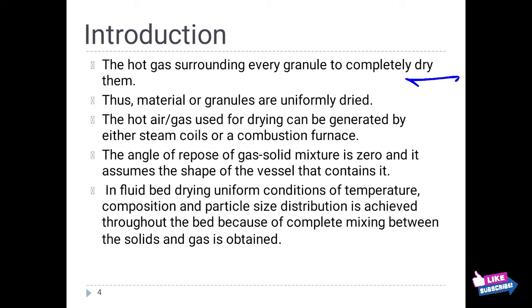The hot air or gas used for drying can be generated by either steam coils or a combustion furnace. The angle of repose of the gas-solid mixture is zero in the fluid bed dryer, and it assumes the shape of the vessel that contains it.